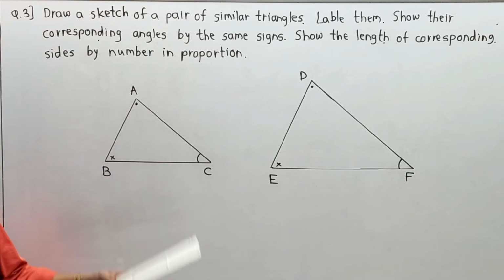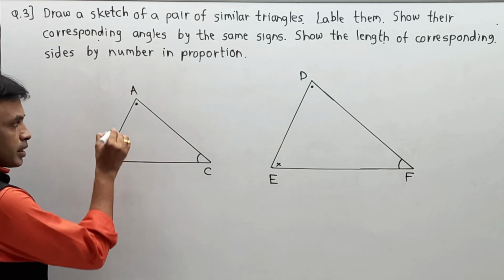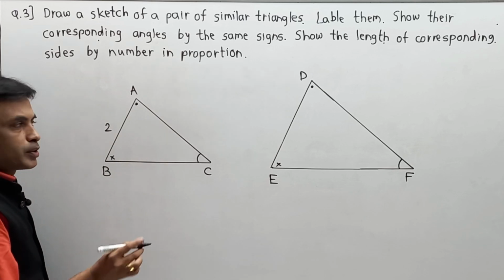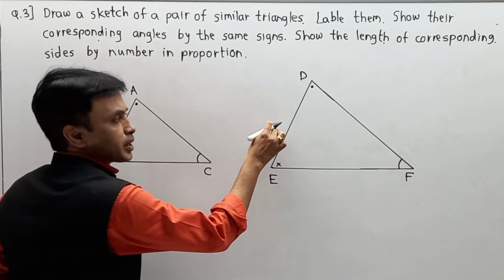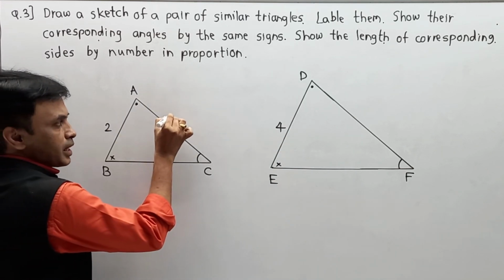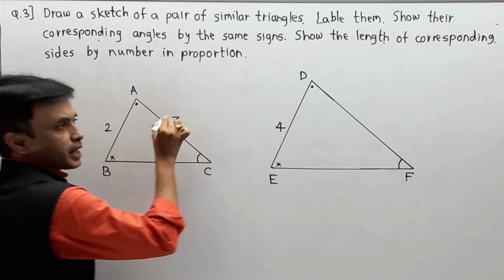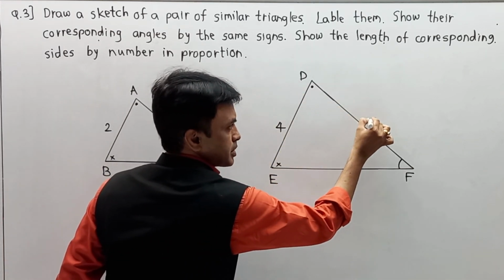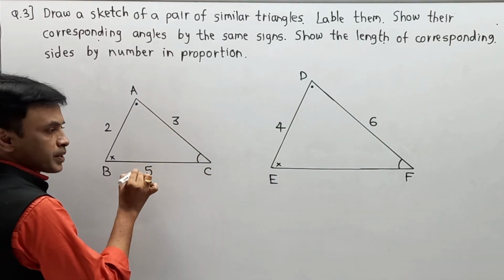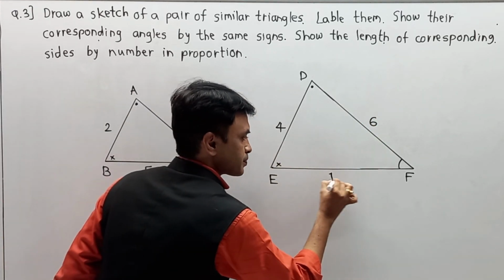Now the next part: show the lengths of corresponding sides by numbers in proportion. So I am going to select random numbers. First I am going to write this side as 2, whatever the unit, and I am going to make it double, means 4. Here for the same triangle I write the side 3 and make it double, 6, and here 5 and double of 5 is 10.